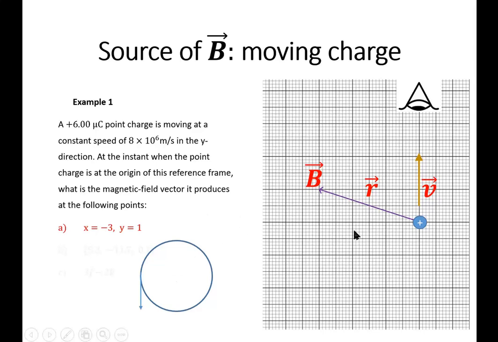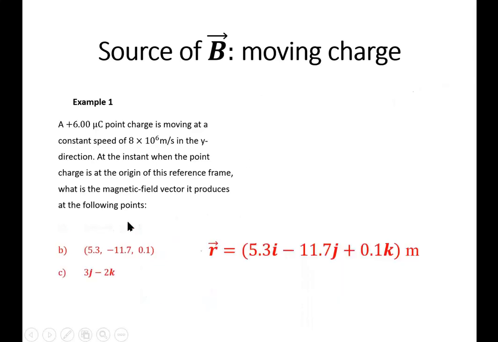Alright, so that is it for now. You can try the second position for yourself. So this position in the Cartesian plane is 5.3 I minus 11.7 J and then 0.1 K. Go through the same procedure and you get the magnetic field at this point.